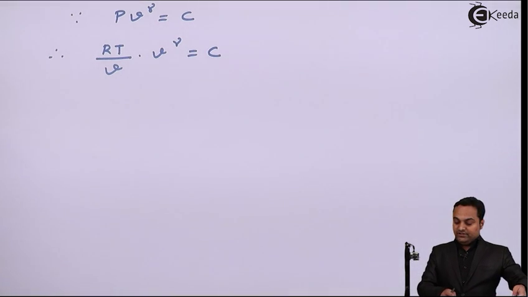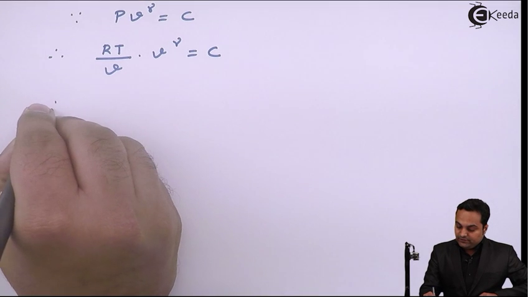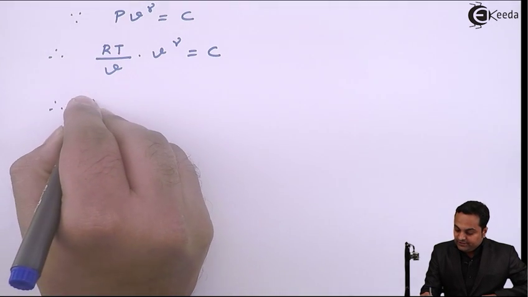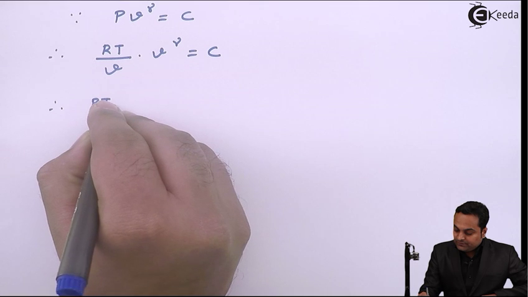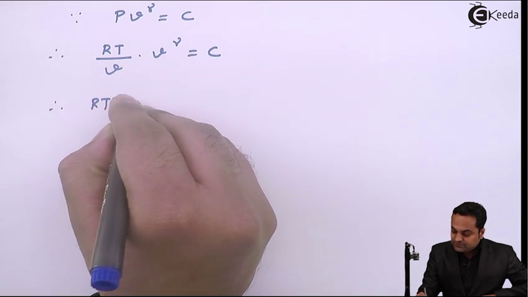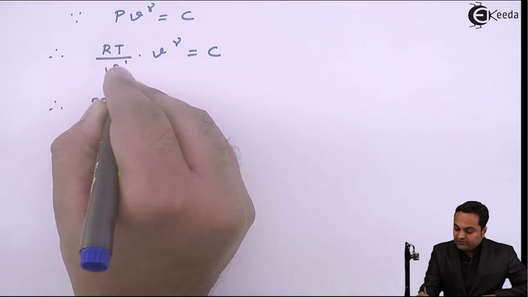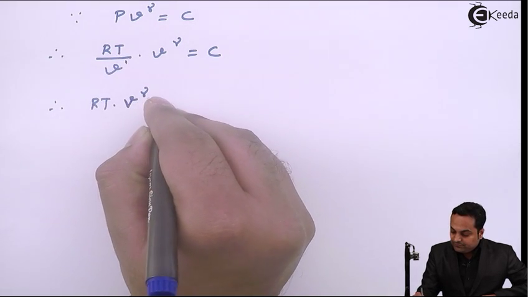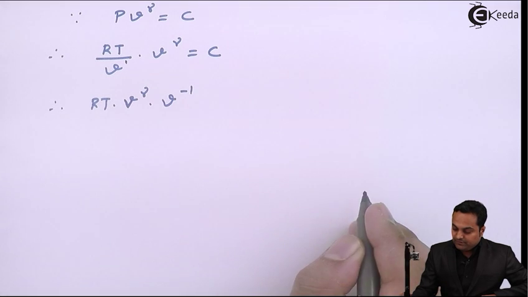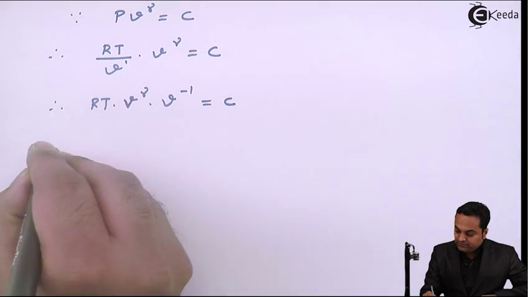Next, after reaching this stage, RT I'll keep as it is, V raised to gamma, which is specific volume. This V is raised to power 1. If I shift it into the numerator, that becomes raised to power minus 1 is equal to constant.